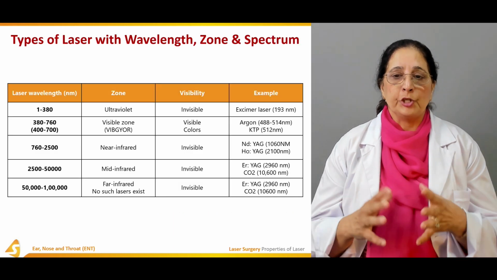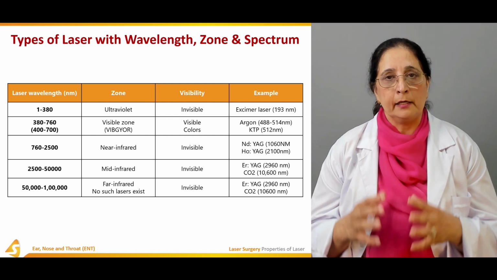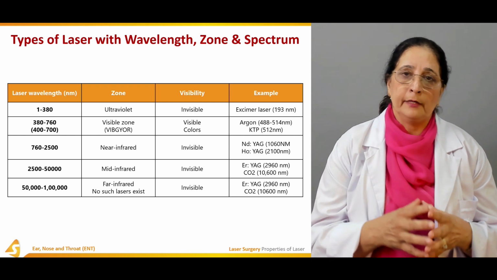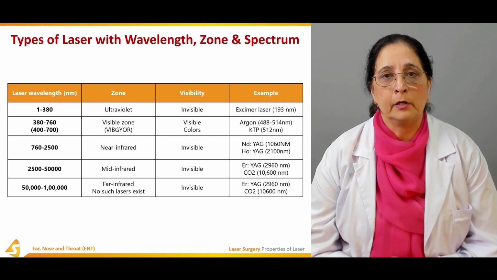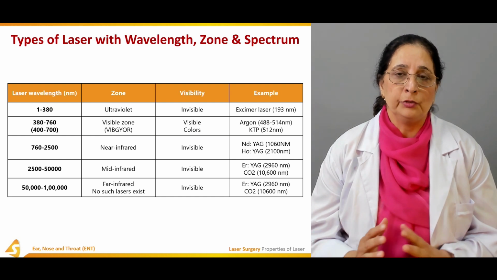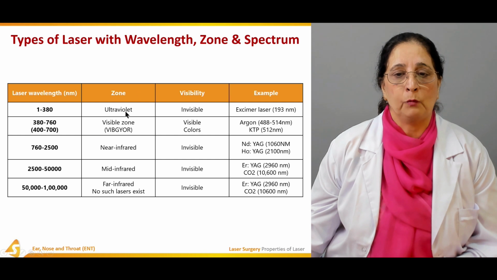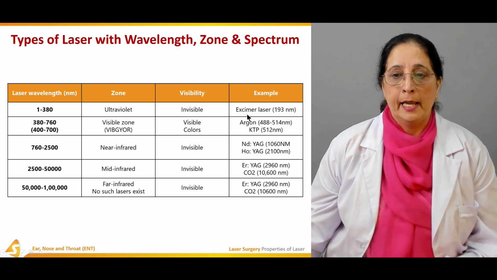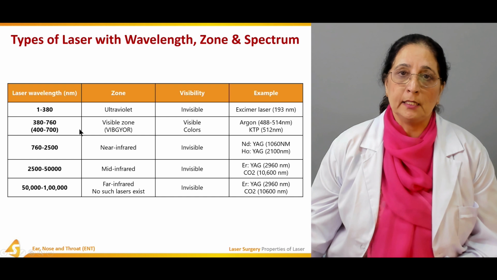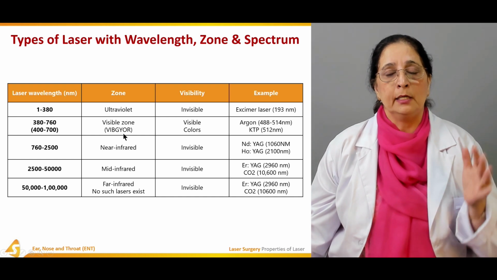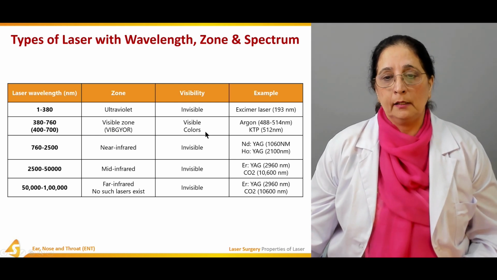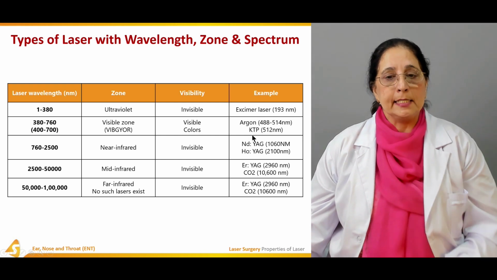Now let's go over the chart describing the different lasers and their wavelengths, whether they are visible or invisible, and what their zone is. So 1 to 380, we already know, are ultraviolet and invisible. Excimer lasers are an example. Then between 380 to 760, these are visible, the color is VIBGYOR between violet and red, and they are argon and KTP.